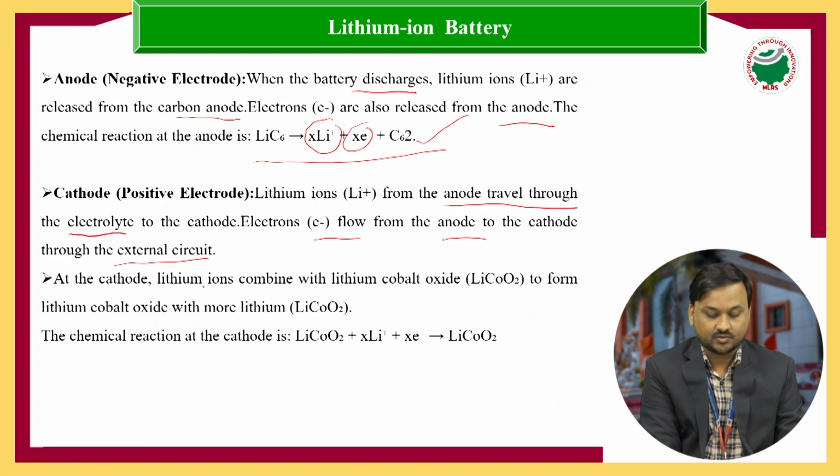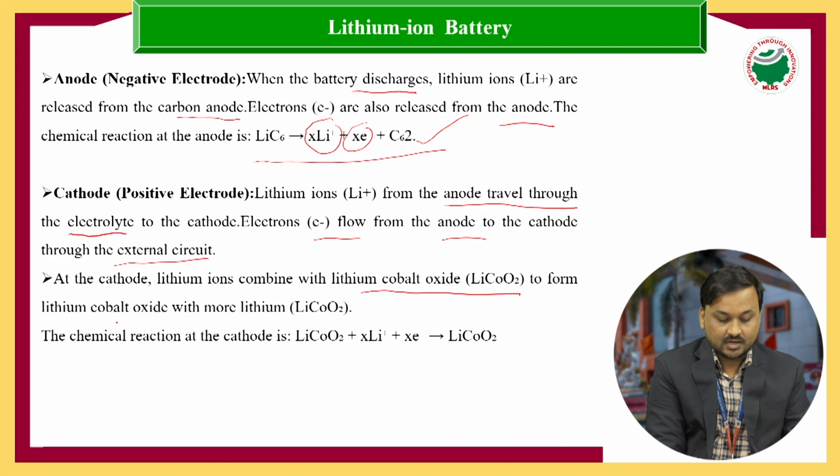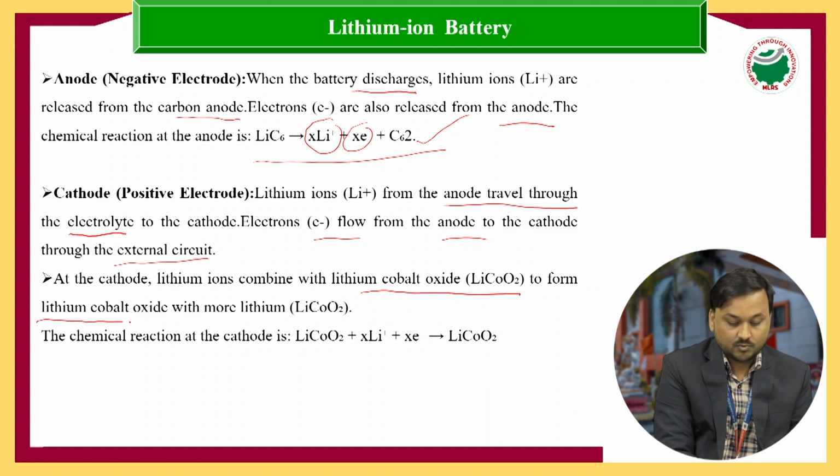What happens at the cathode? At the cathode side, lithium cobalt oxide forms, with more lithium. The chemical reaction finally forms lithium cobalt oxide.